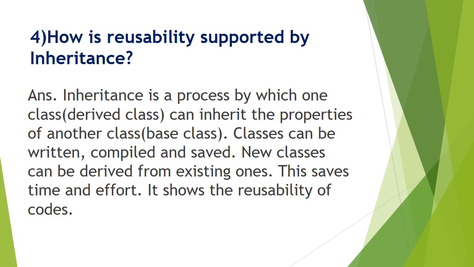It means classes can be written, compiled and saved, so new classes can be derived from existing ones. Existing ones means base classes. So the derived class can reuse the coding and data of the base class. In this way, it will save time and effort. It shows the reusability of code.